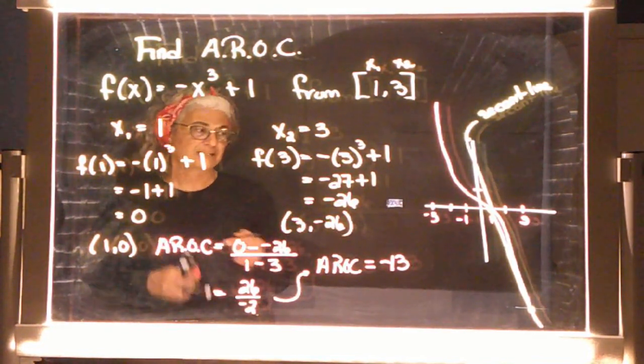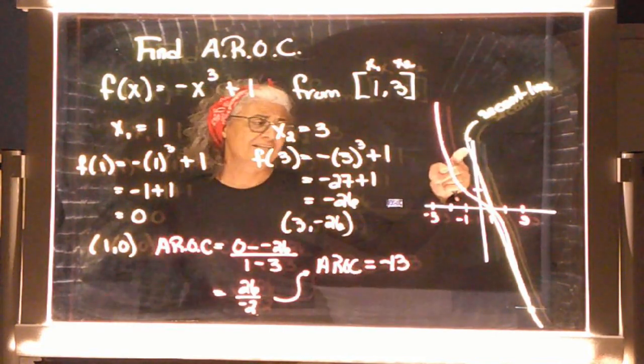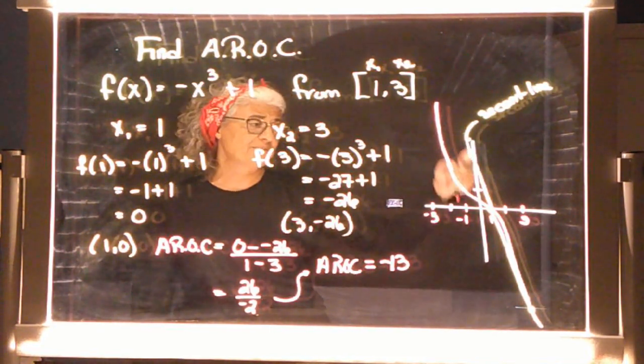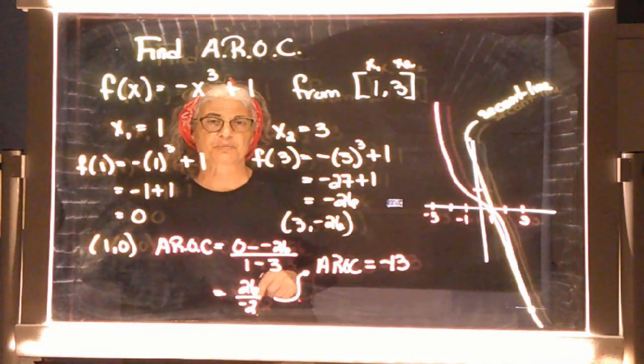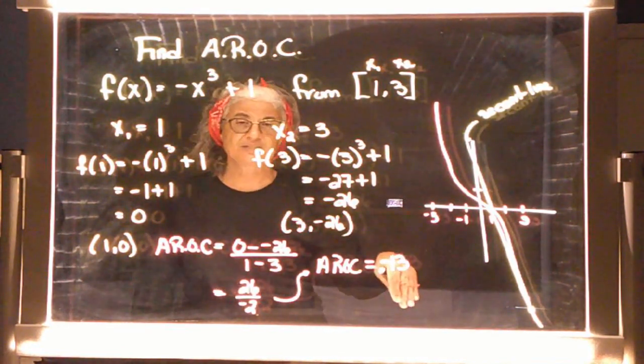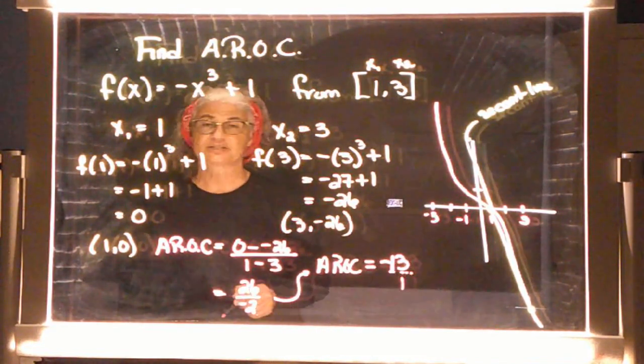It makes sense. So because I have a downhill line, my slope is negative. And that's a pretty steep line, which means it keeps going 13 down and 1 over, if you remember slope. So it's 13 down and 1 to the right if you actually put this little imaginary 1 under it.